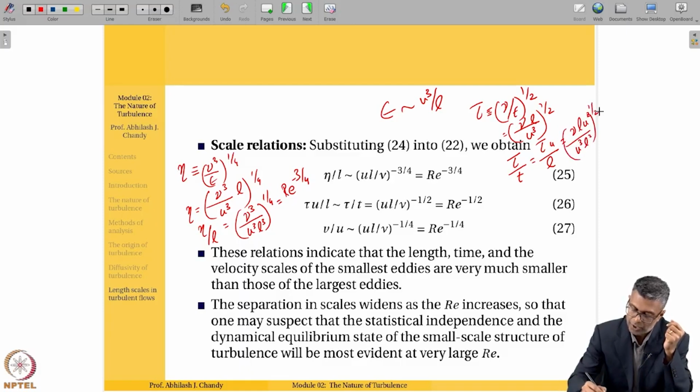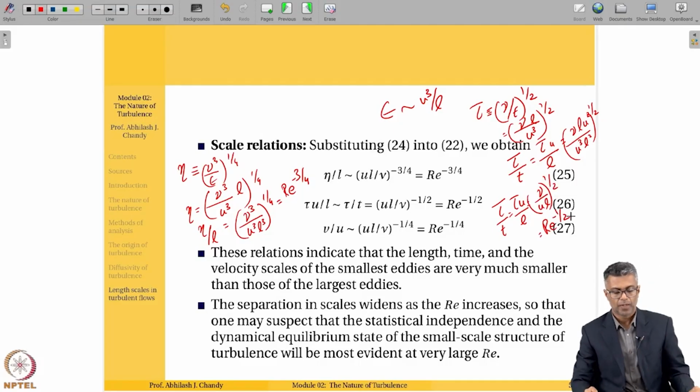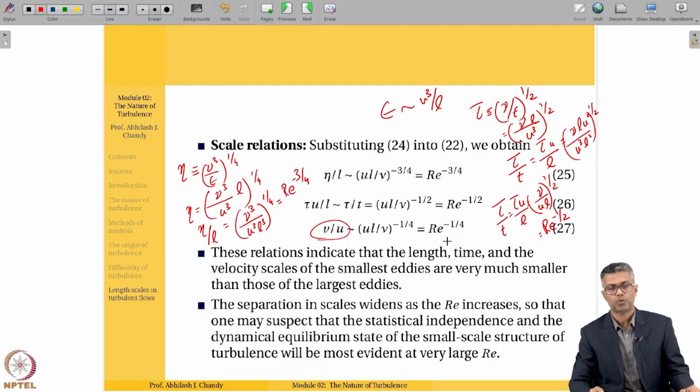So tau over T, which is equal to tau u over L, is (nu over uL) to the half, which is equal to Re to the minus half. Similarly, you can get a relationship for v over U equals Re to the minus 1/4.